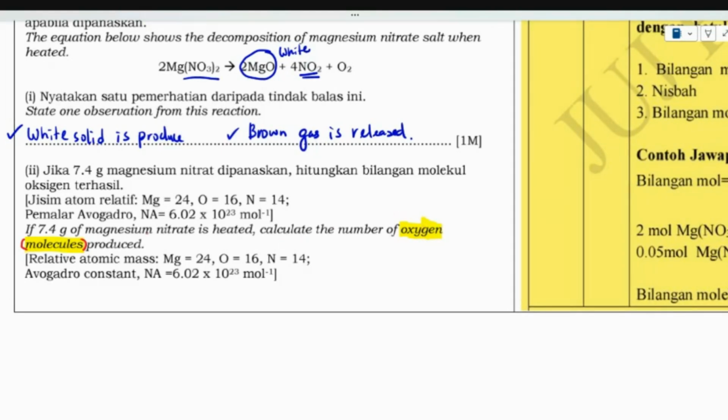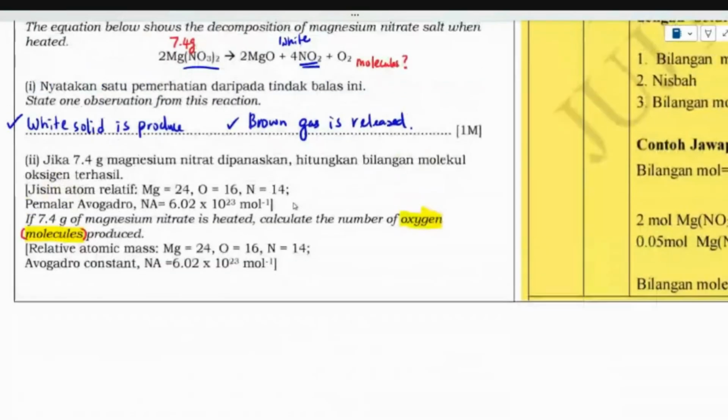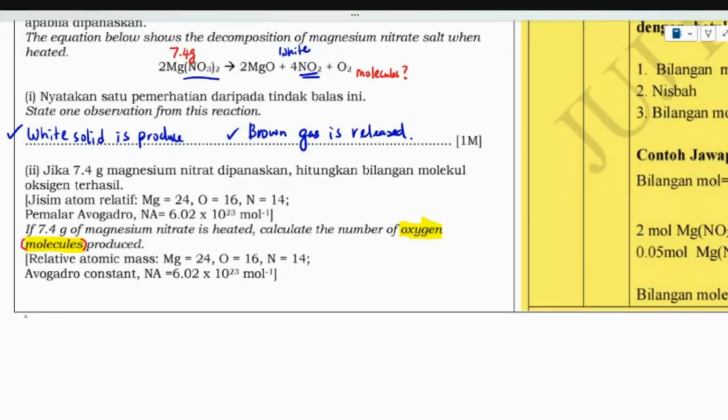Given to you is magnesium nitrate, 7.4 grams. They ask you about the oxygen molecules, so how many molecules? Remember 3 steps. Step 1, calculate the number of moles of magnesium nitrate.